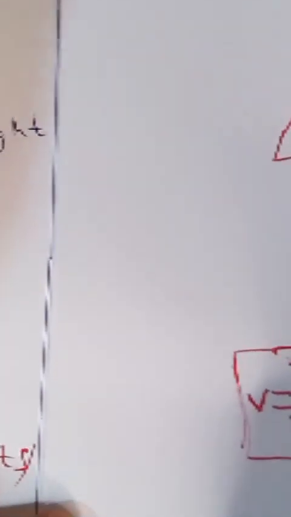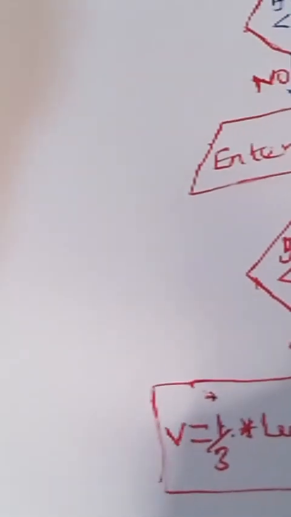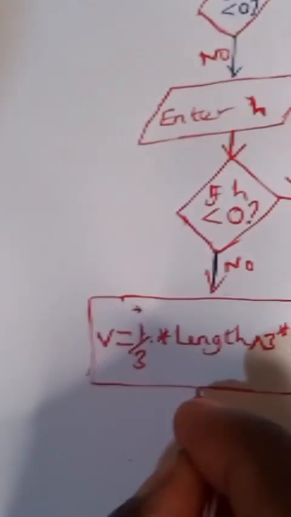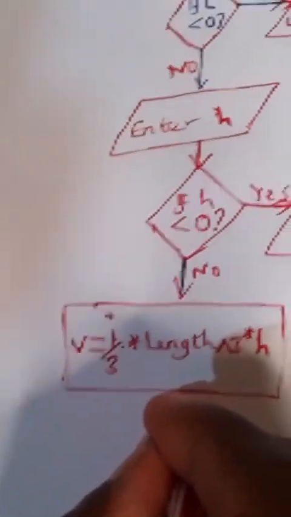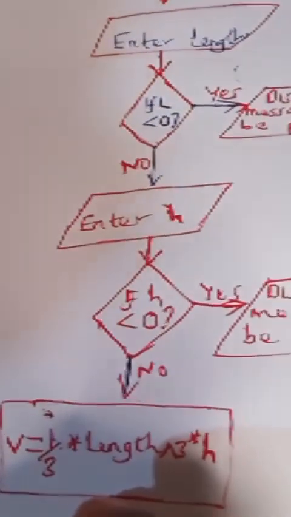So volume is equal to, you write exactly what is in the question. What is in the question is what you write in the flowchart. H is our height, and then after writing that formula, you end if.